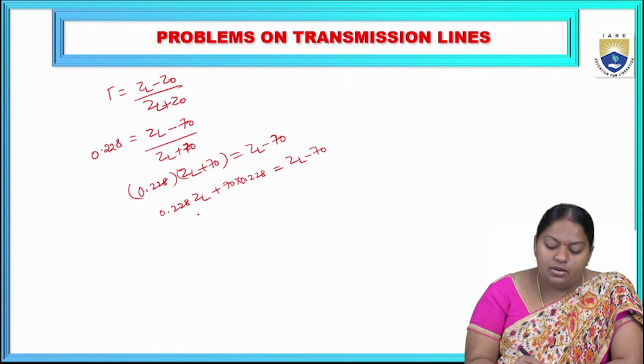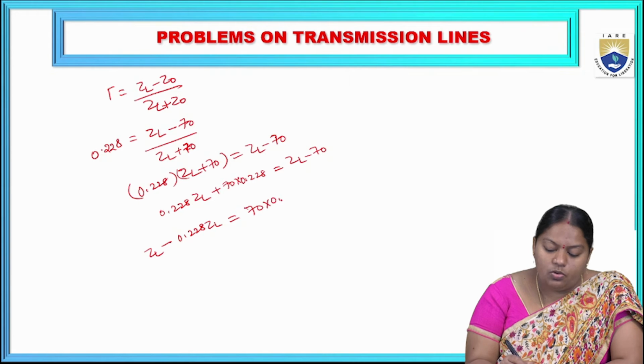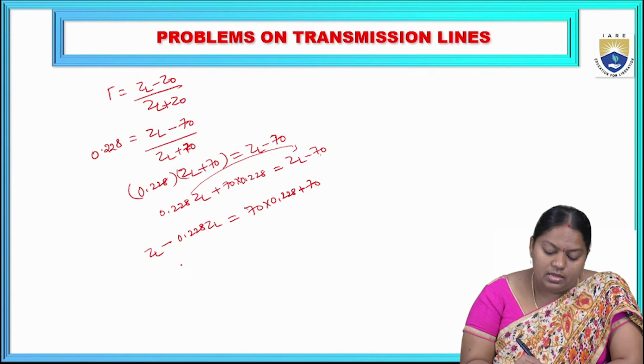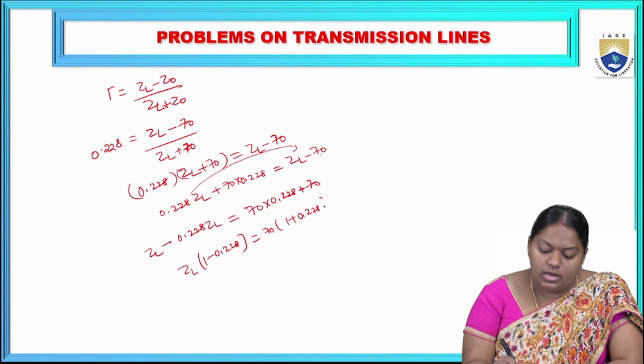We can separate the ZL terms. Then 0.228 ZL, first ZL minus 0.228 ZL, is equal to 70 into 0.228, which is plus 70 on that side, and the minus 70 becomes plus 70. Then taking ZL common, (1 minus 0.228), which is equal to, taking 70 common, (1 plus 0.228).